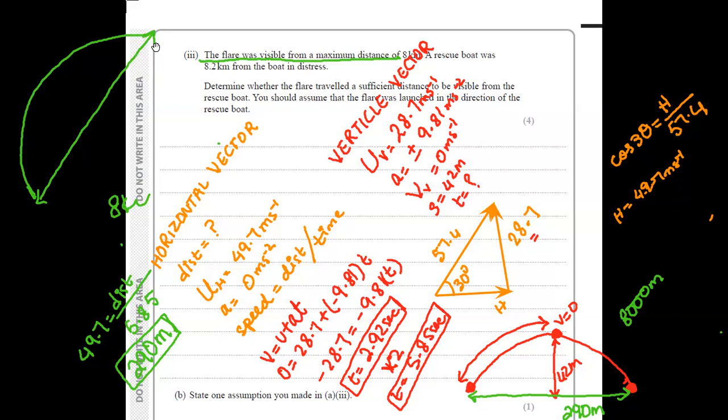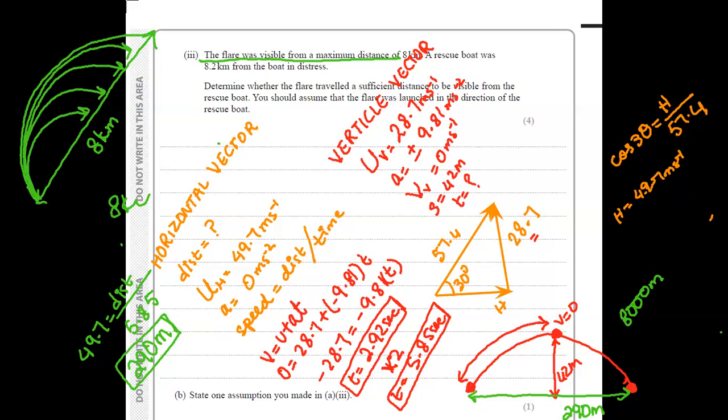They're saying that the flare is visible from a maximum distance of 8 kilometers, meaning that the maximum horizontal distance that the flare can cover is 8 kilometers. As long as the flare is landing somewhere within the 8 kilometers, the rescue boat will be able to see it. That's what they're saying.